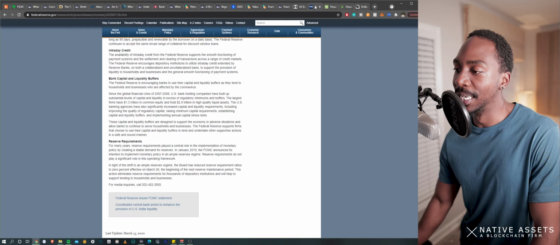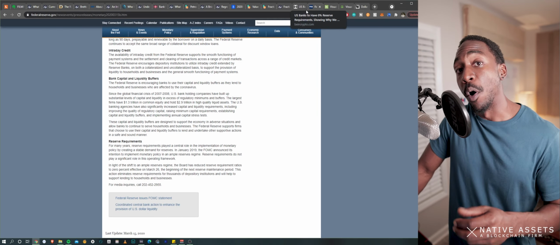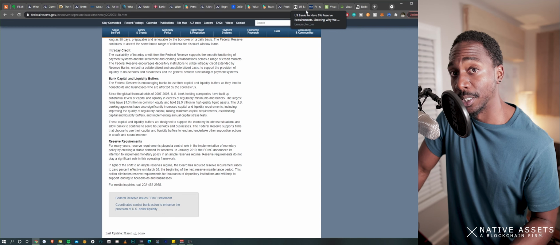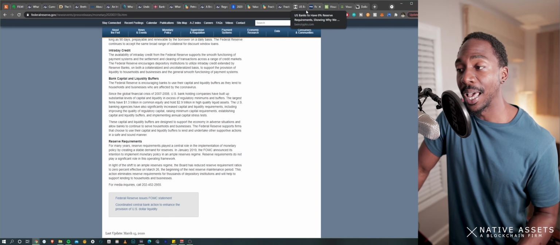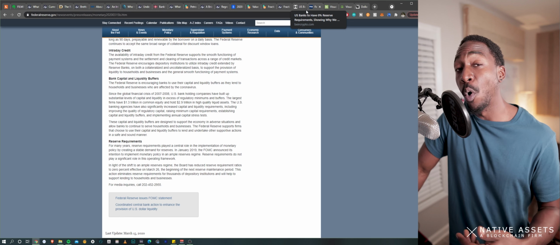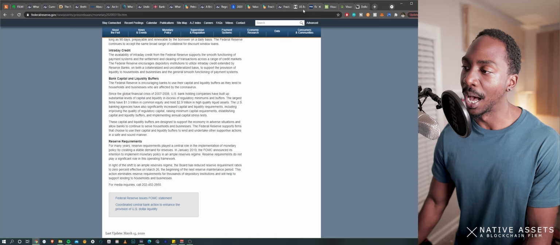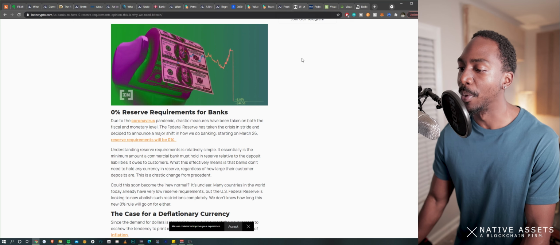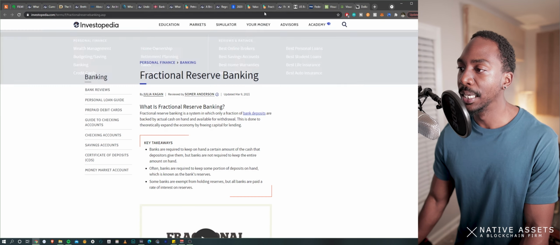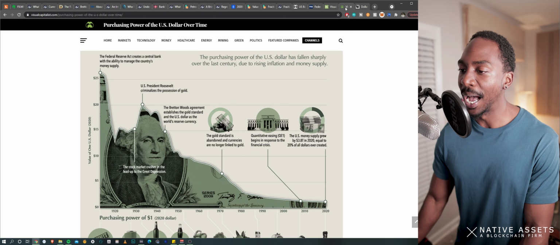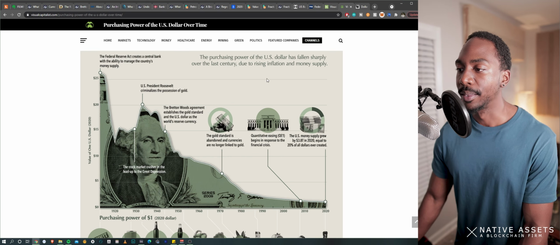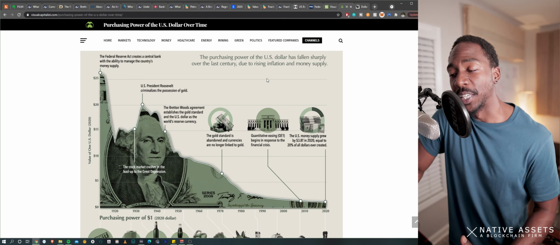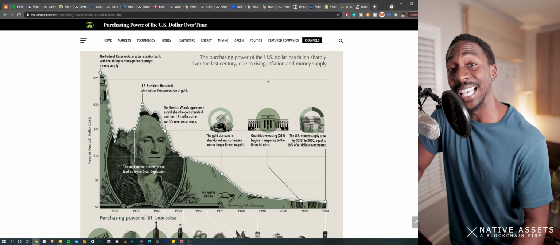So point being is, you want to park your wealth in something that is going to beat inflation and maintain its purchasing power or increase. Because over time, as we see, and this is just another article talking about the zero reserve requirement for banks, you don't want your money that you are either investing as a form of saving, or you're just saving.